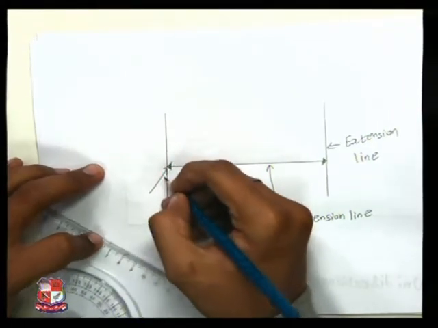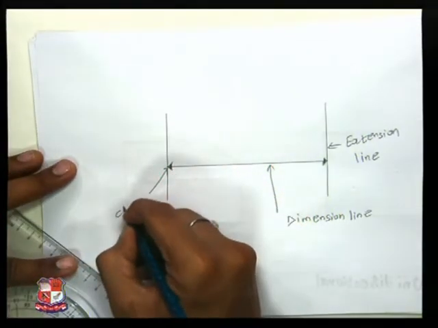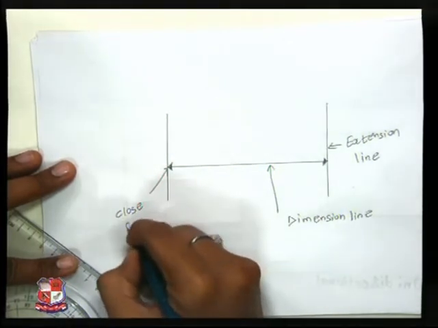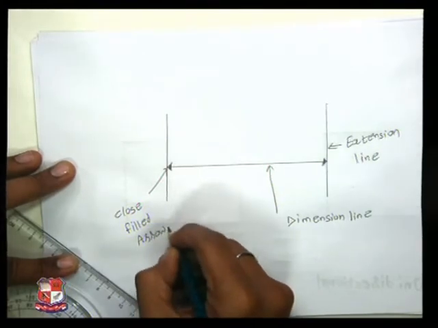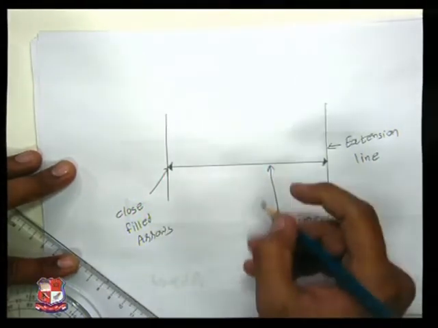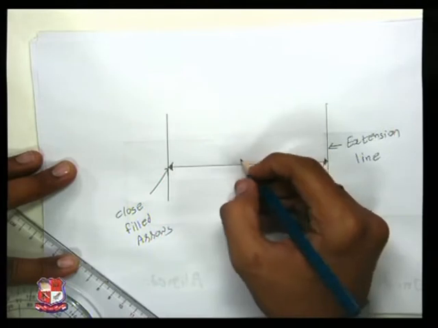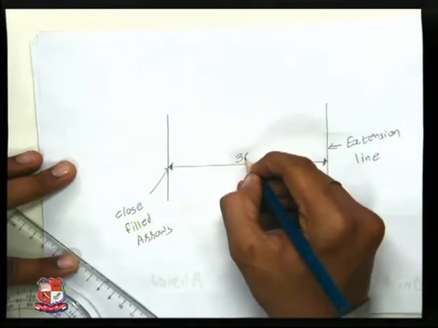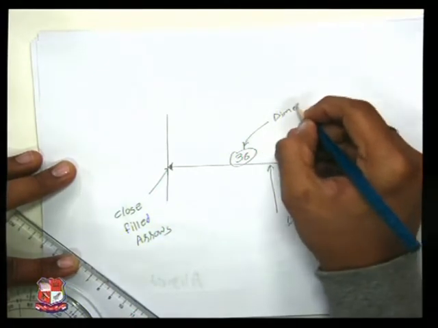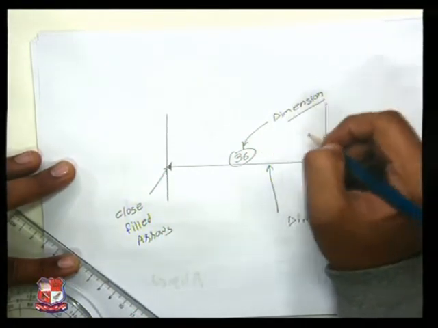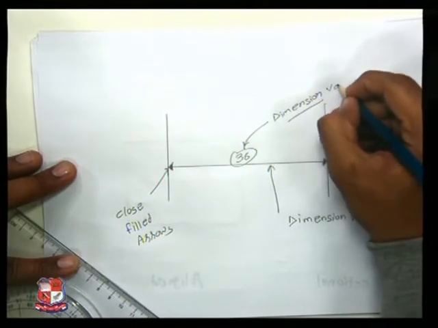These are the closed filled arrows. Closed filled arrows, and this is considered as dimension value.